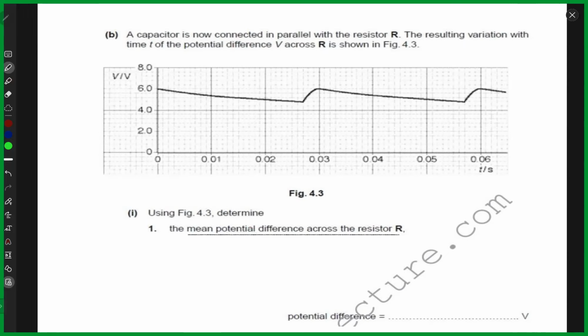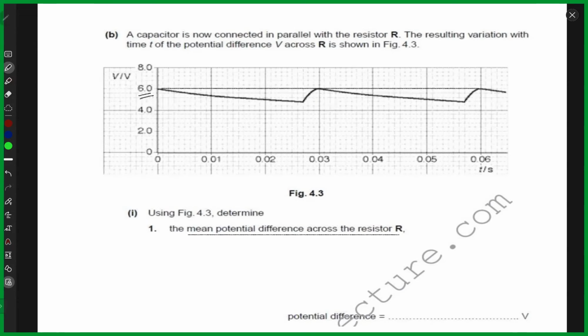So what do you think would be the mean value of the potential difference across R? What is the peak value of potential? 6 volts. Okay, so it is this line, so let's extend it. 6 volts, right?